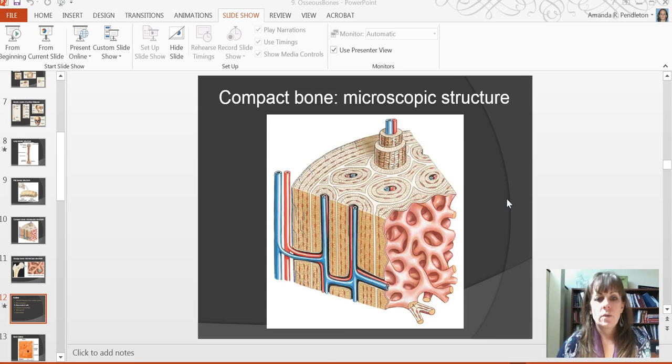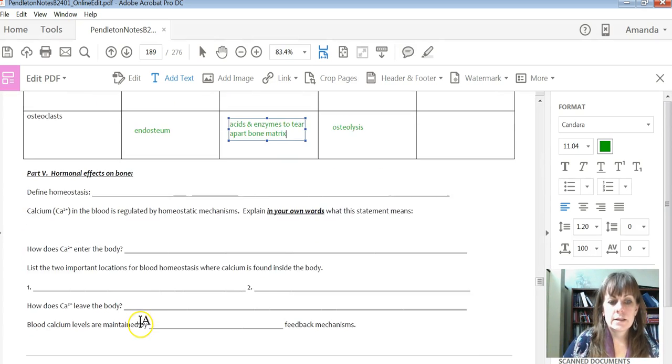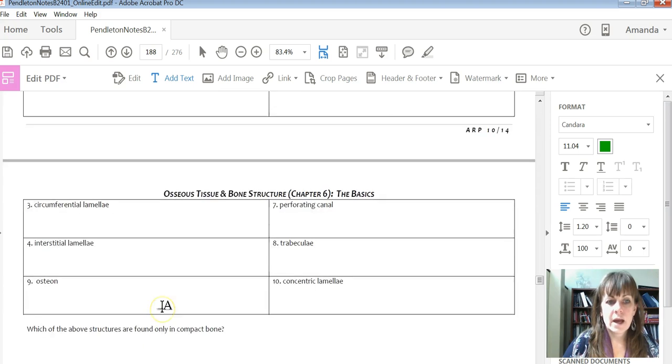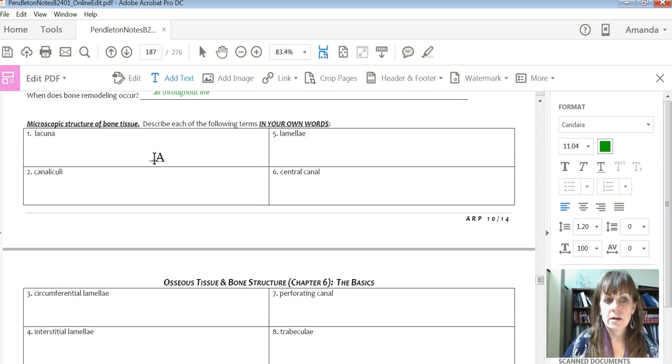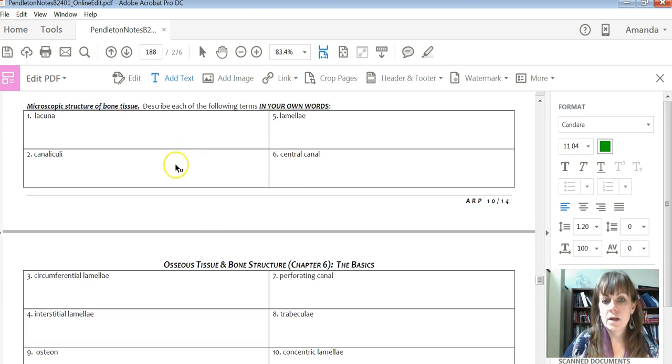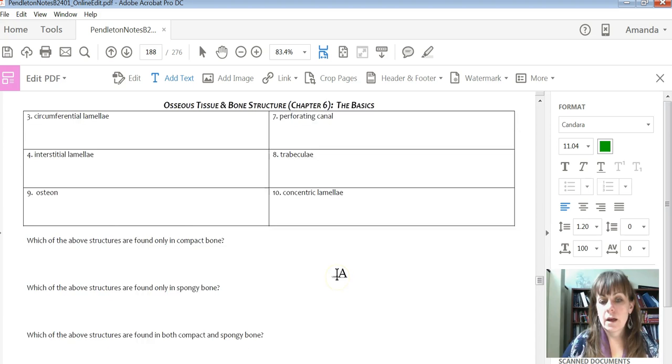Okay, so what I would recommend you do now is that you go back to this thing, microscopic structure of bone tissue. Practice in your own words based on just what we just talked about. Practice filling in what you think these are based on what we just talked about.